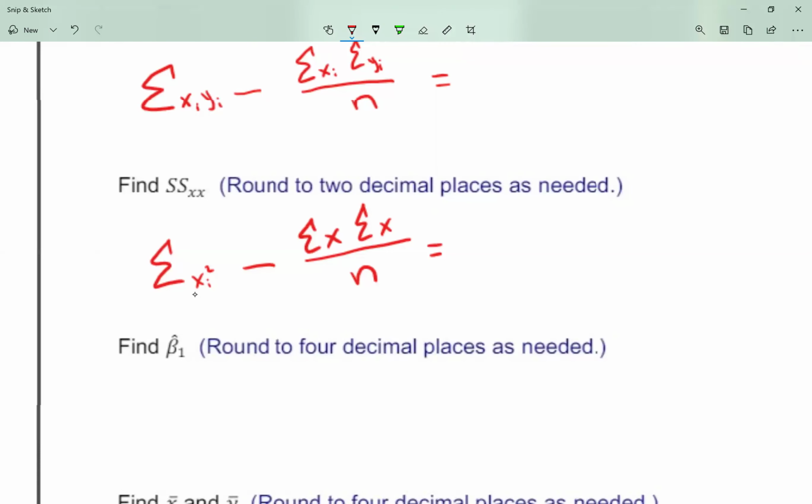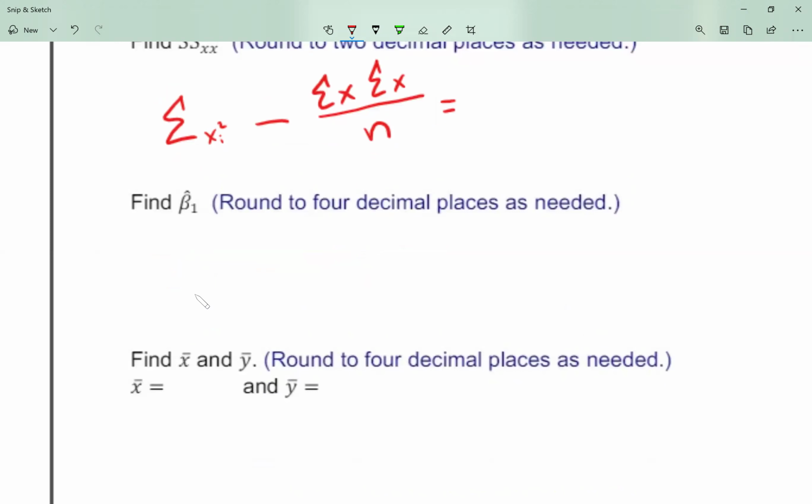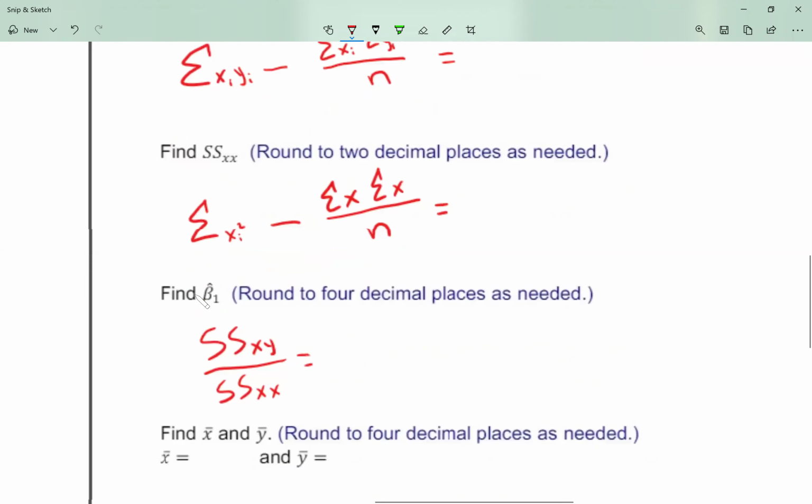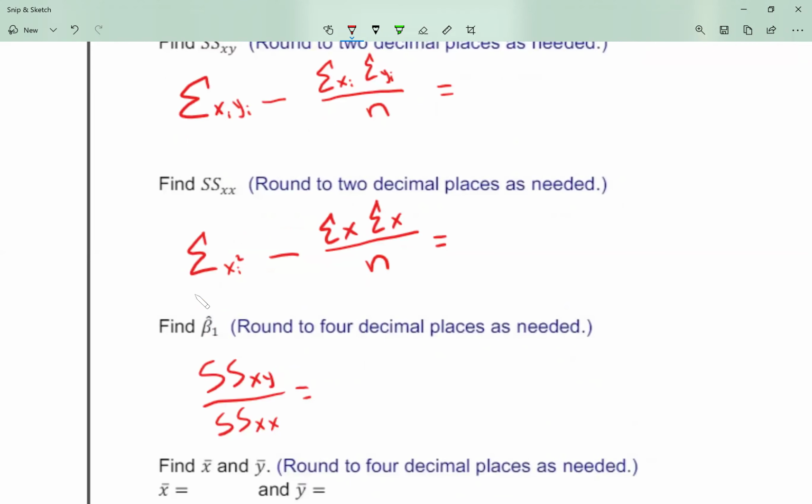It's pretty similar to the previous example. Now my beta 1 is going to be the sum of the squares of xy divided by the sum of the squares of xx. Okay, so like I said, I'm giving the formulas right now. We'll work on those later. We're gonna work the values later.